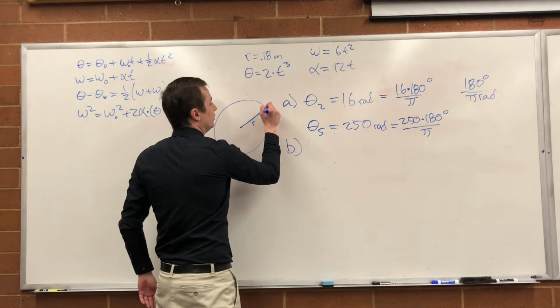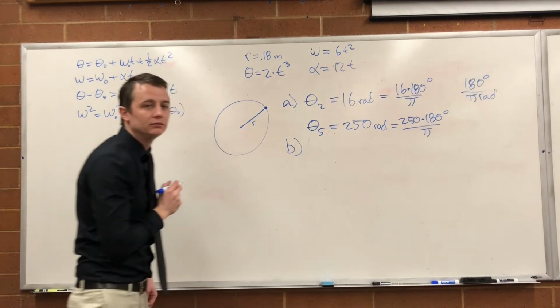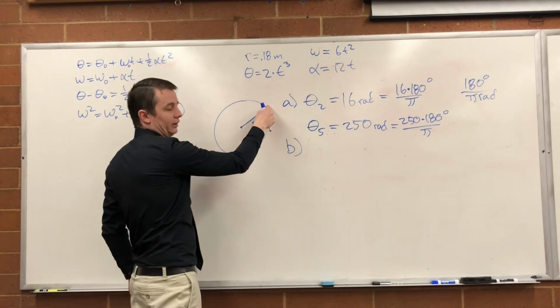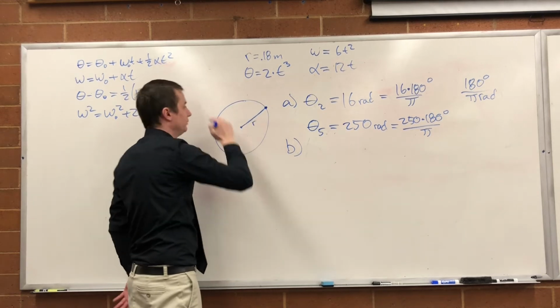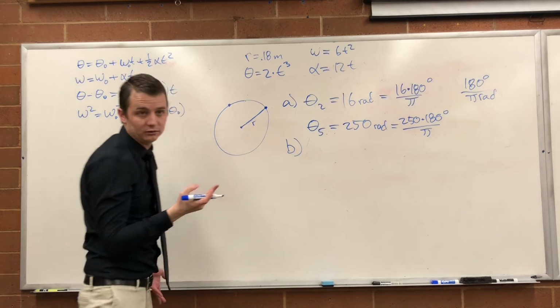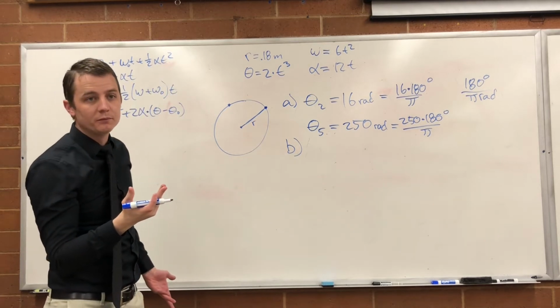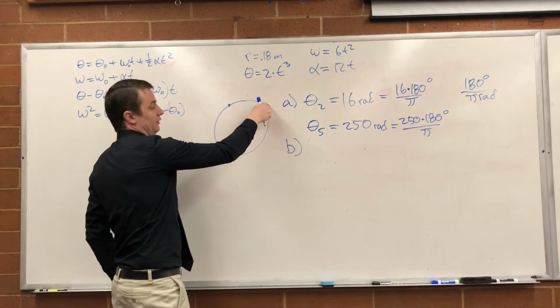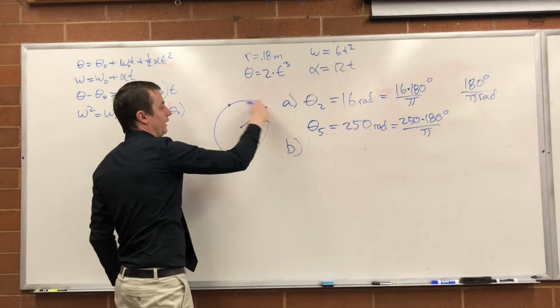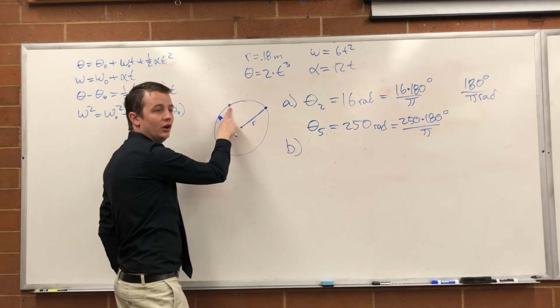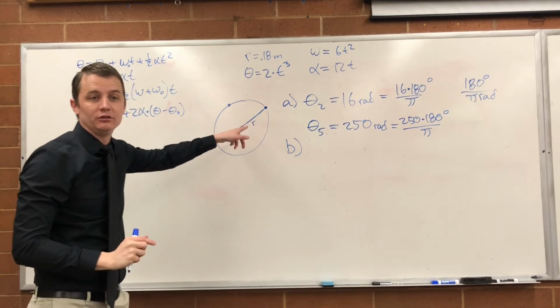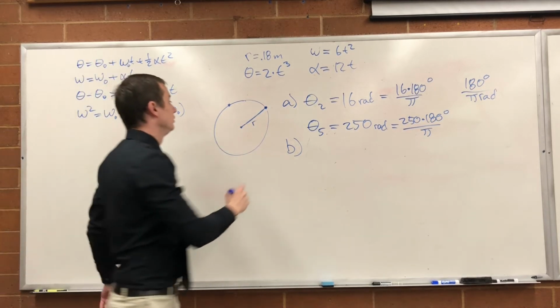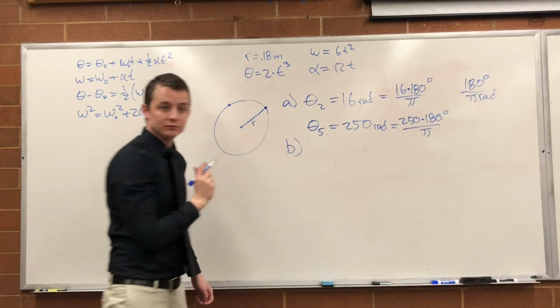So we've got some particle here on the flywheel. And this is where it is at 2 seconds. After 5 seconds, the wheel's going to spin a few times and it's going to end up somewhere else on the wheel, like right there, maybe. So here's where it was at 2 seconds. By the time we get to 5 seconds, we're somewhere right here. We want to know how far that little particle moved in meters. You with me?